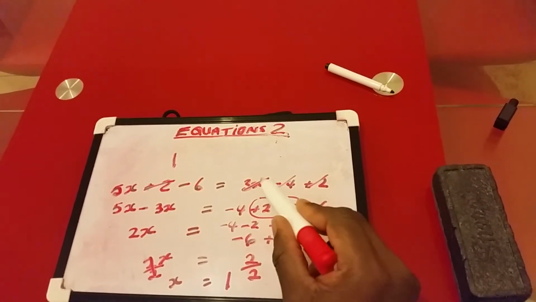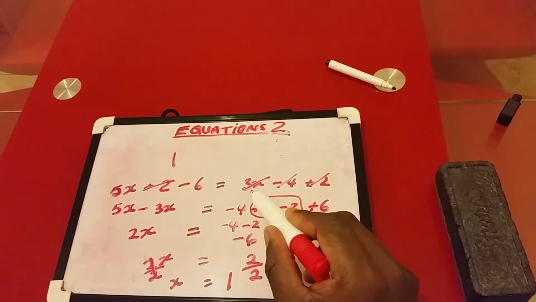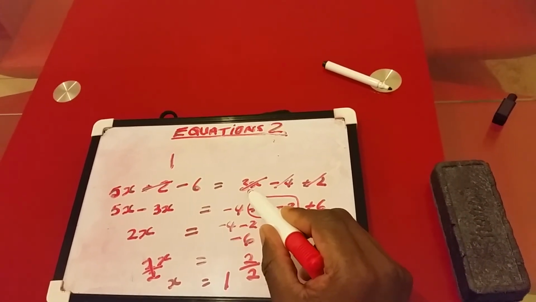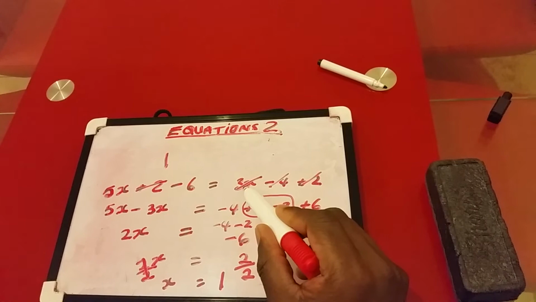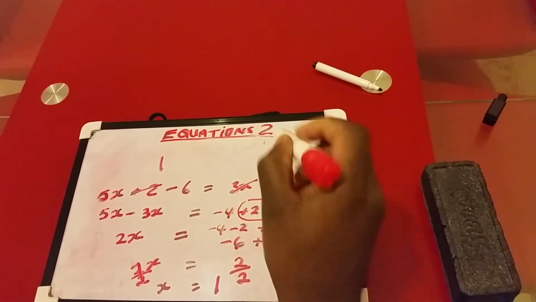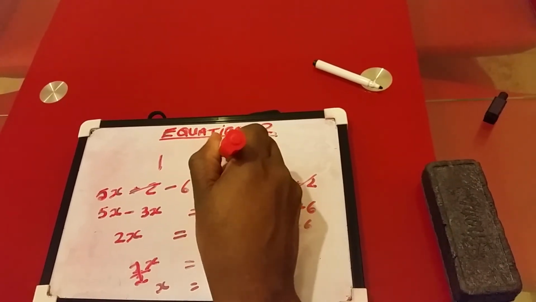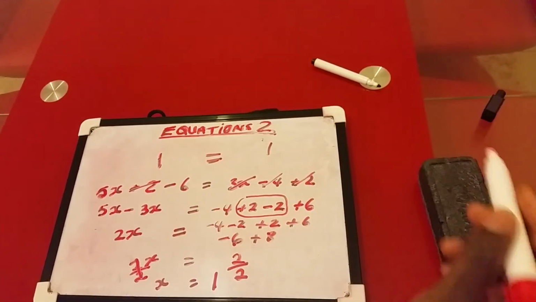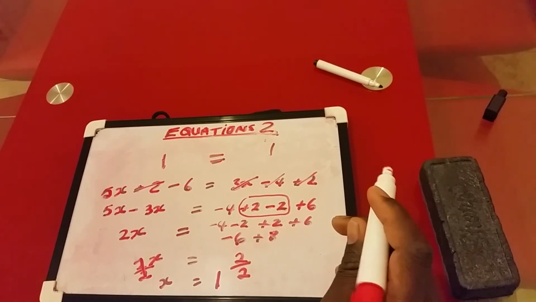And 3 times 1 is 3, plus 2 is 5, take away 4 is 1. So both sides of the equation equal 1. 1 equals 1, so our answer is correct.